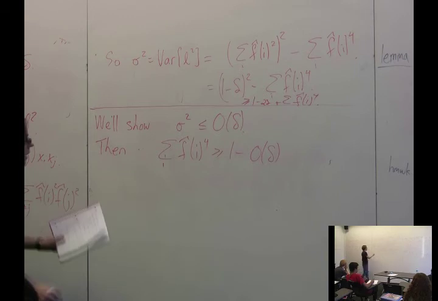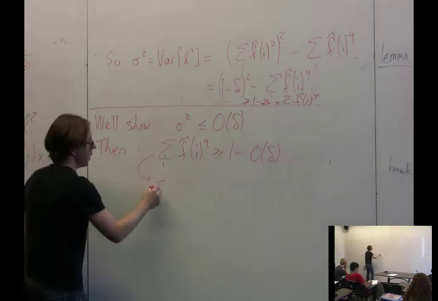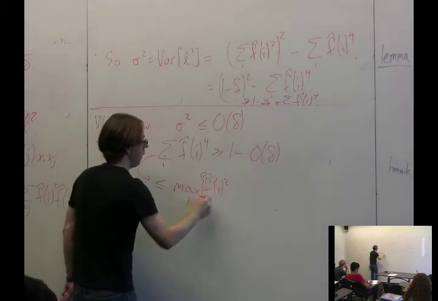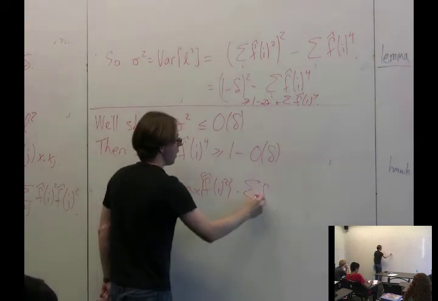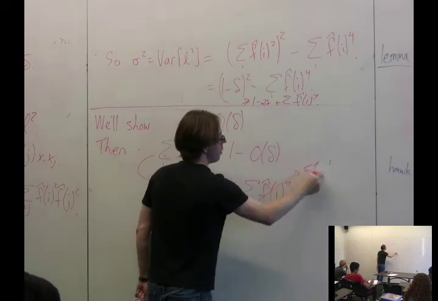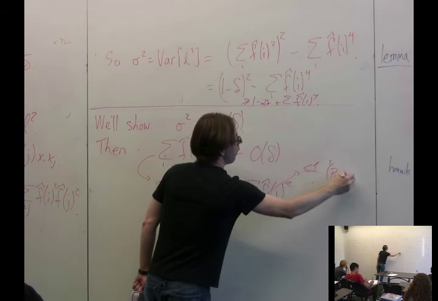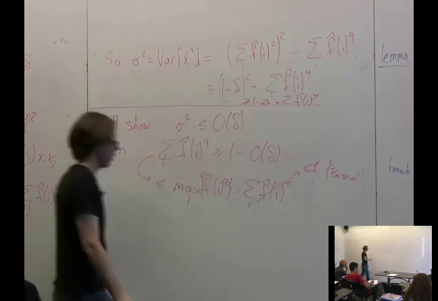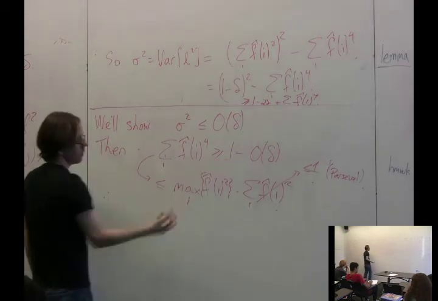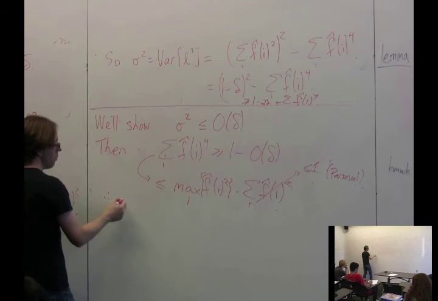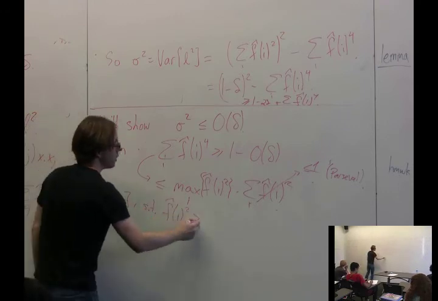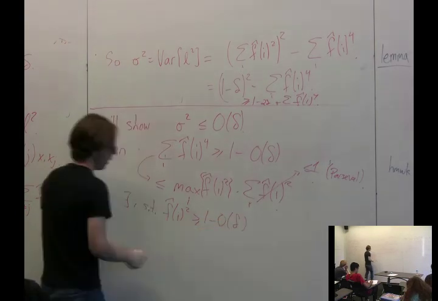And now we see this favorite trick of ours. This is at most the max over I of f hat I squared times the sum over I of f hat I squared. This is at most 1 by Parseval. So therefore what we've shown is the maximum Fourier coefficient of degree 1 squared is at least 1 minus O of delta, which implies there exists I such that f hat I squared is at least 1 minus O of delta.